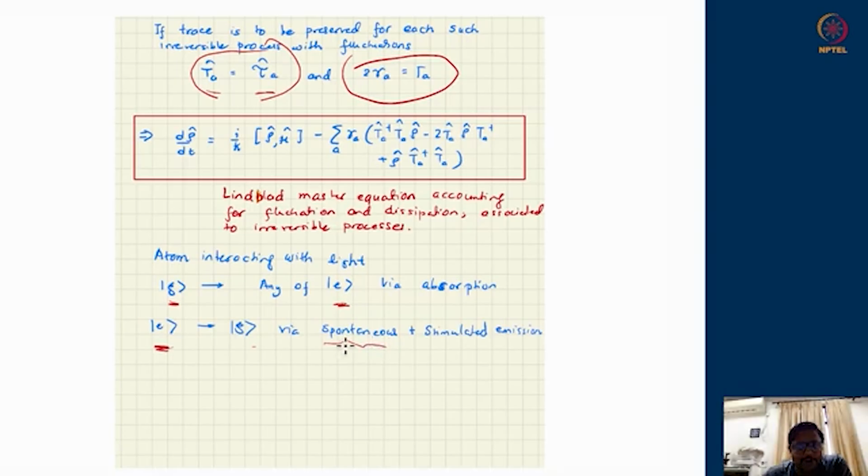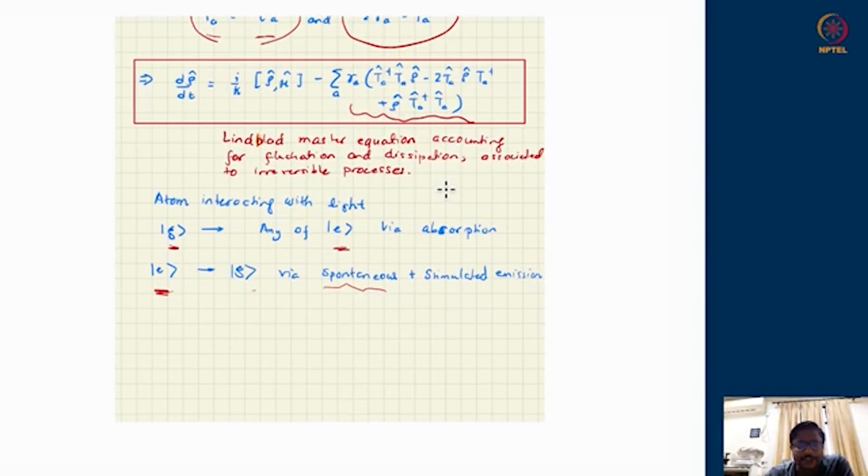So vacuum fluctuations and quantum fluctuations impart this non-hermiticity and non-unitarity, as well as dissipative fluctuating terms, to the evolution of the atom's density matrix. Okay, so this is what the interaction of light and matter in the density matrix formalism typically looks like.